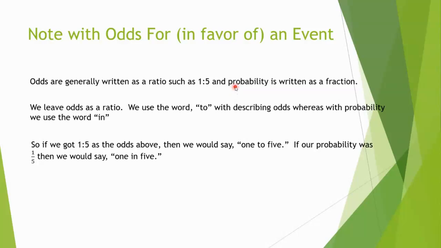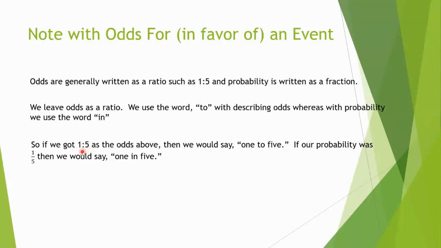Probability is written as a fraction. We also use different words when we say ratio and probability. When we talk about odds, we say "to" when describing odds, like 1 to 5, as I have down here.